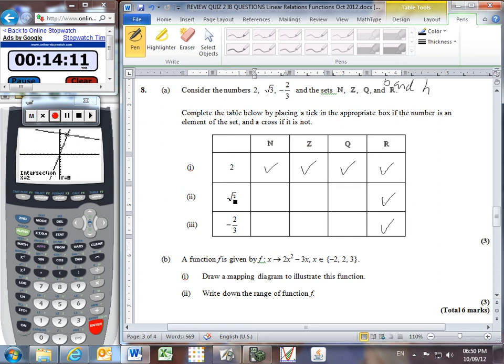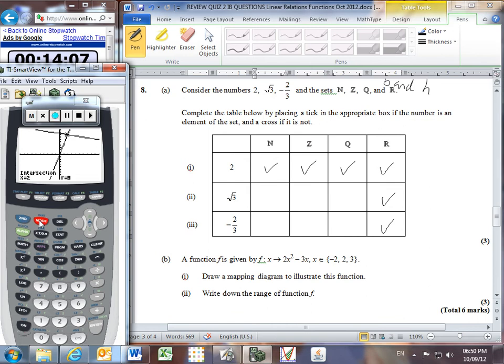Now, the square root of 3, if I put that into the calculator, I would get 1.73 blah blah blah. Well, that's clearly not a whole number, so it is neither a natural number nor an integer. Is it a rational number?